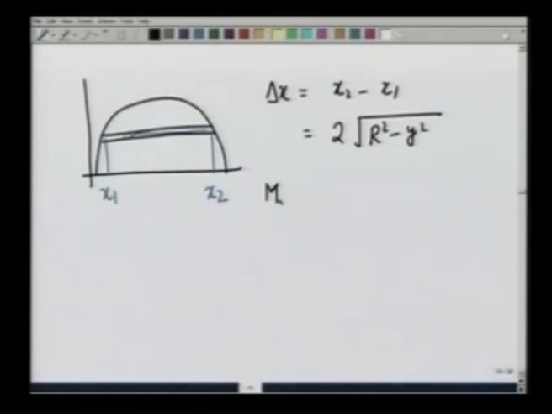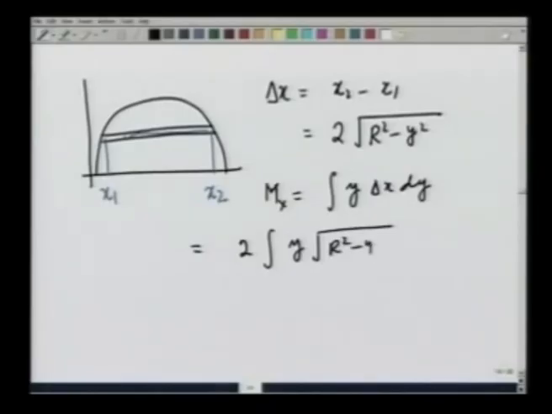Remember, we are after mx, which is equal to integration y delta x dy, which in this case is therefore going to be 2 integration y square root of r square minus y square dy, y varying from 0 to r.